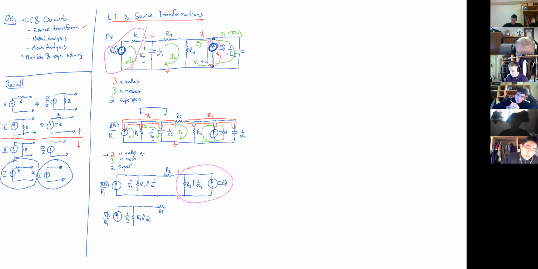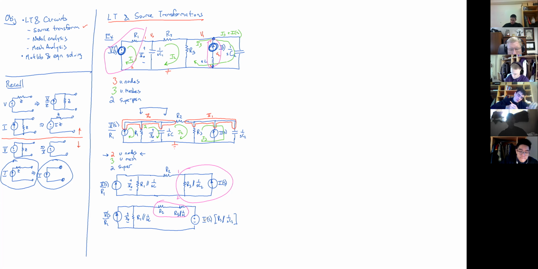Still have our R2 up here, but now we've got our R3 in parallel with 1 over SC in series with a voltage source, where this is I of S times whatever R3 in parallel with 1 over SC2 is. And then you can see that these are in series. I would add them. And then with one more source transform, now I'm left with everything in series.